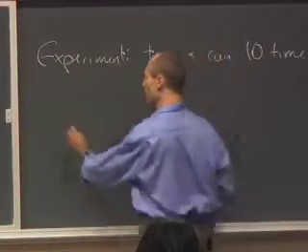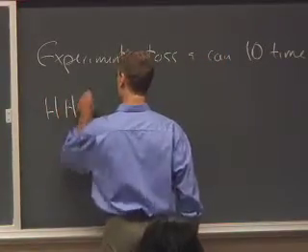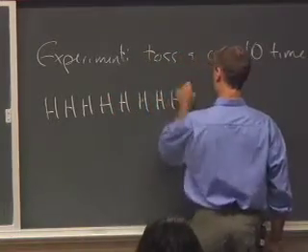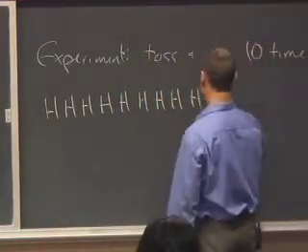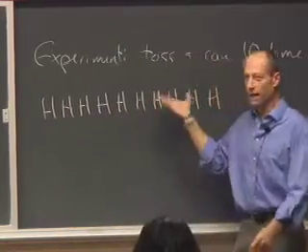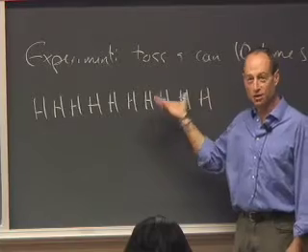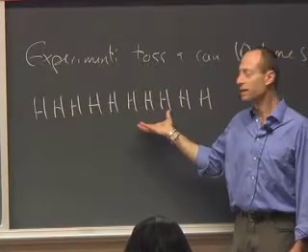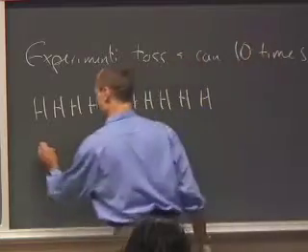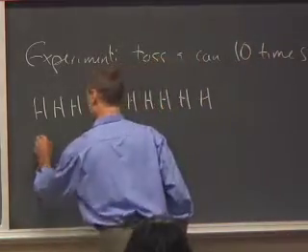Okay, so one thing that could happen is you could get heads, heads, heads. Is that 10? Okay, so that is one outcome. It is an event. Okay, it's a simple outcome. It's one thing that could possibly happen. We could also get all tails, or we could get heads, tails.